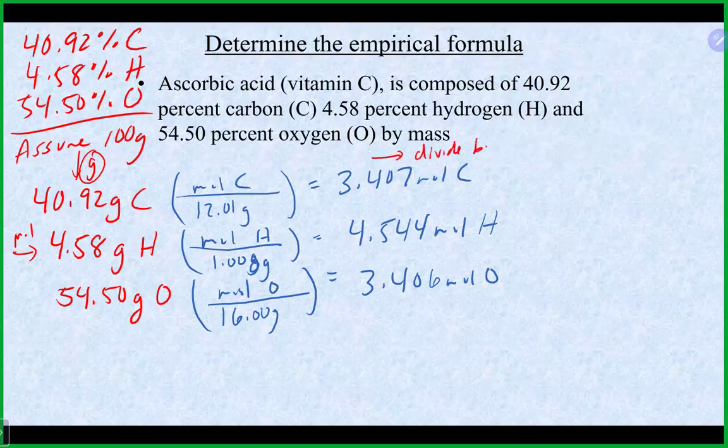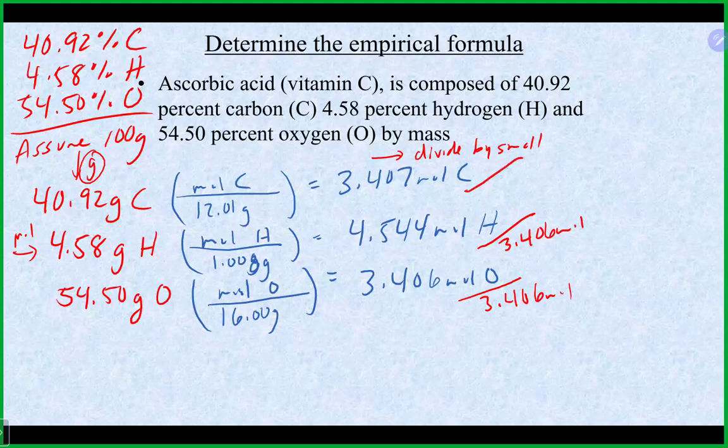At this point, once we have it into moles of each element, we're then going to divide by the smallest. In this case, they're pretty much the same, but technically this one on the bottom is slightly smaller, 3.406 moles. We're going to divide each by 3.406 moles.